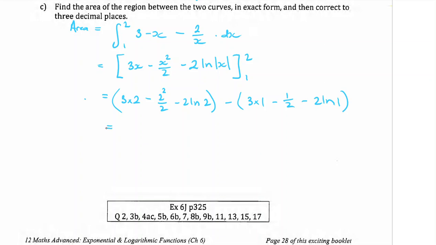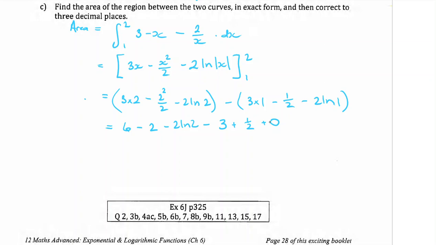What does all that stuff equal? 6 minus 2 squared over 2 is 2 minus 2 ln 2 minus 3 times 1 is 3 plus a half. What's 2 ln of 1? 0. ln of 1 is always 0.